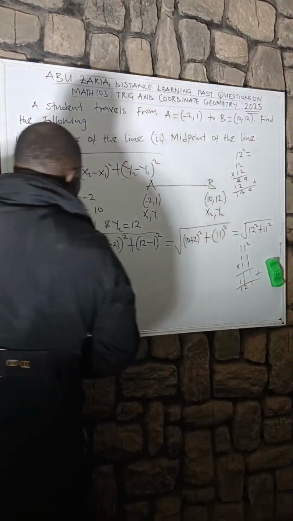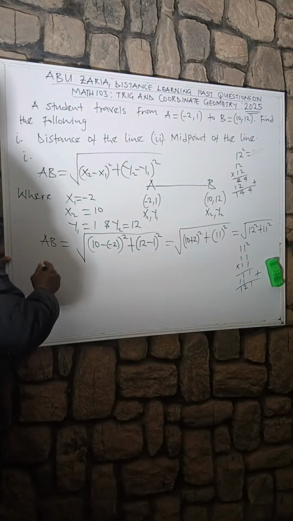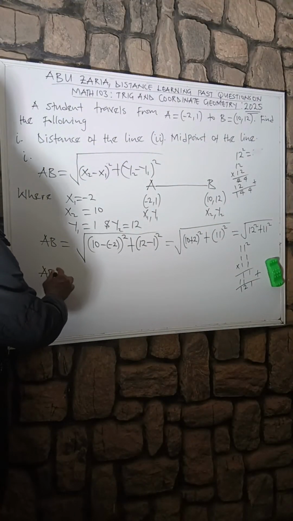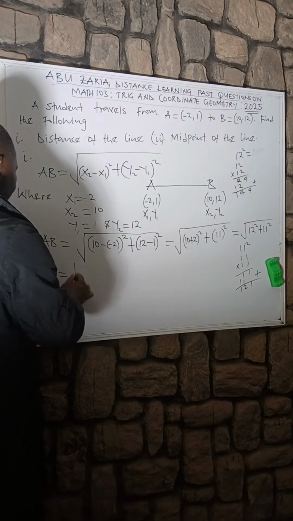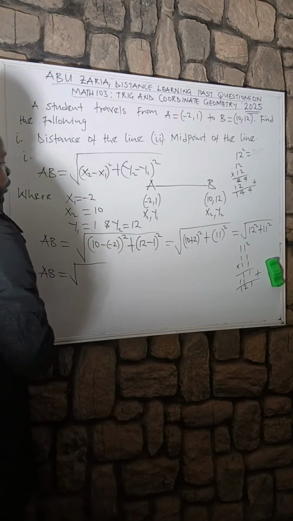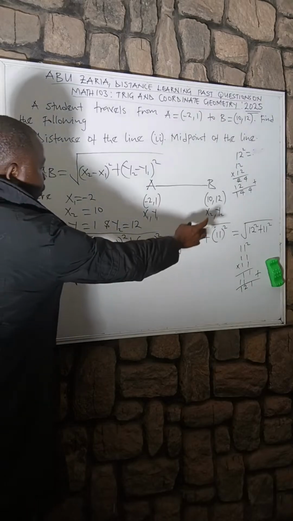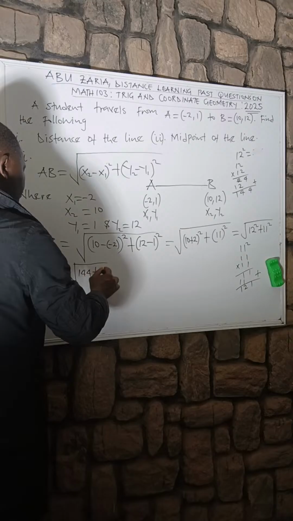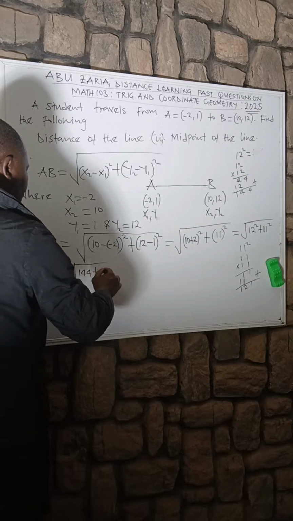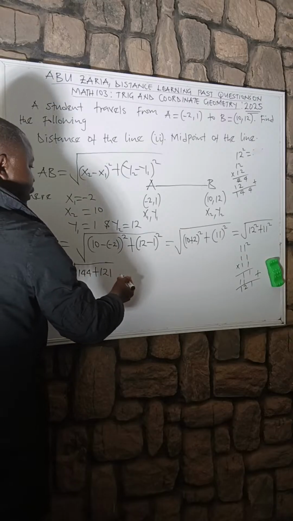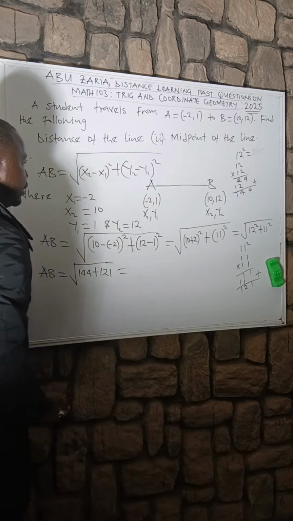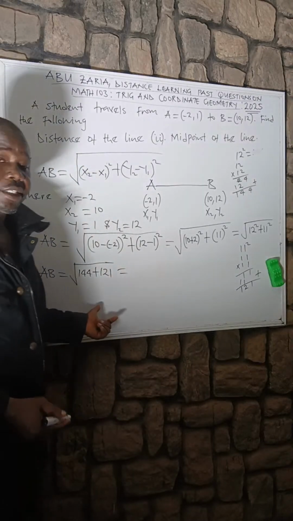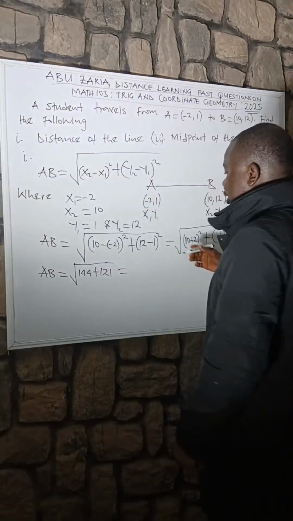So our AB is equal to the square root of 12 squared, which is 144, plus 121. Let's add them up. I'm breaking it down for the sake of understanding.